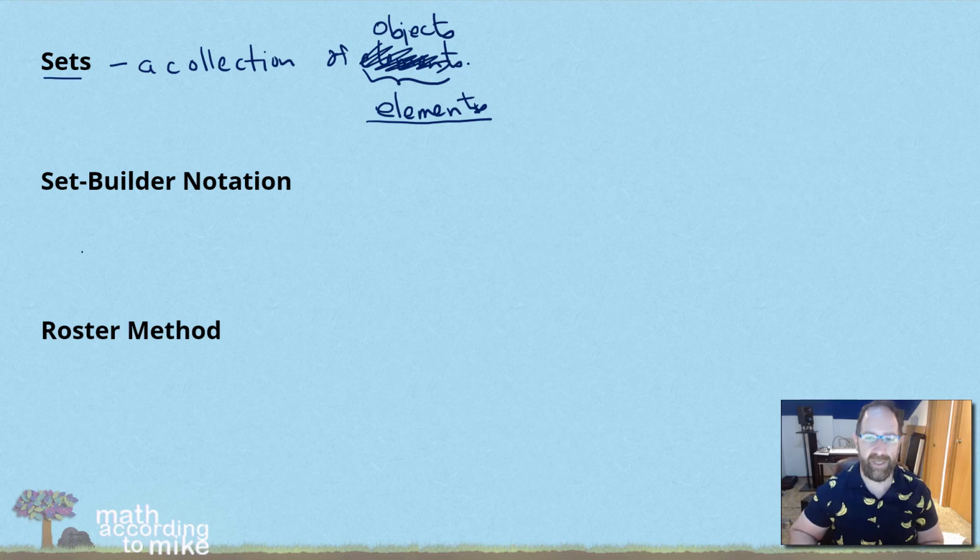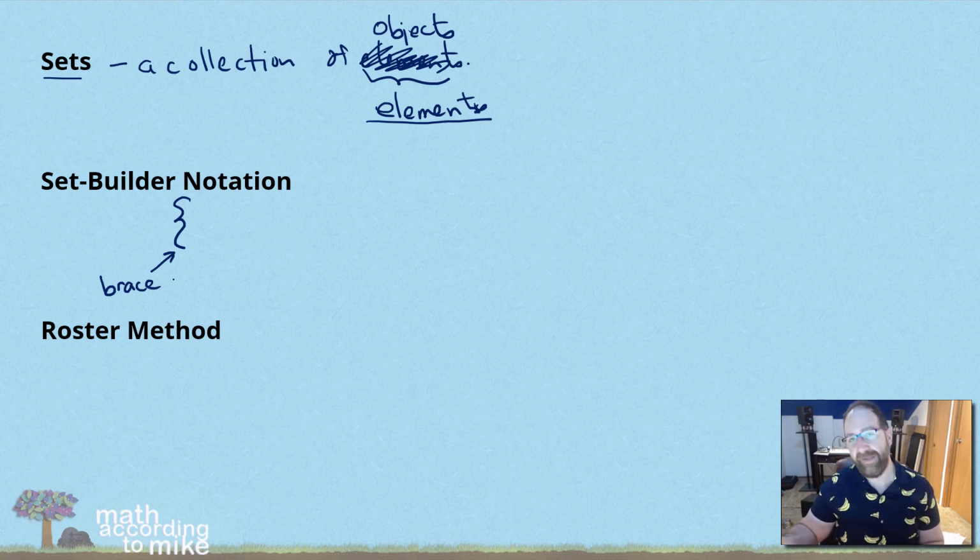In set builder notation, there's a way you write it, and it's going to be a little bit crazy. Sets are designated with a brace, which is this guy here. A left brace, because it's on the left-hand side, starts off a set, and a right brace ends the set. Do not call them curly brackets. They get offended.